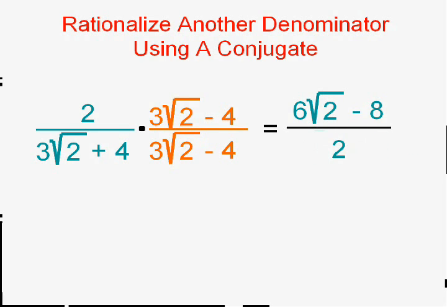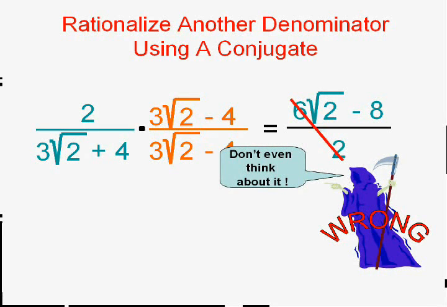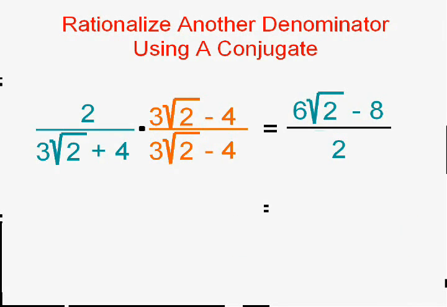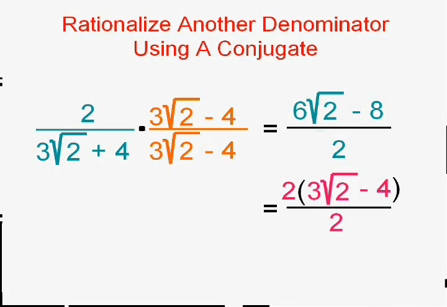Is that your final answer? Well, we're still required to simplify. Don't ever cancel it, since there's always going to be additions in these problems. Let's remember, one of the more common mistakes, don't ever cancel things that are added or subtracted. So we can't do that. We have to factor first. Let's factor. Look at the top. Notice that a 2 comes out of both of those terms.